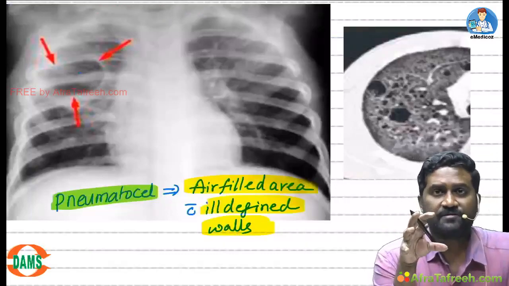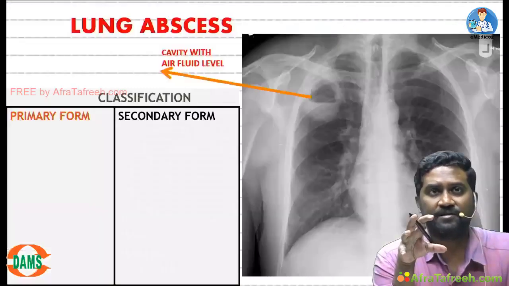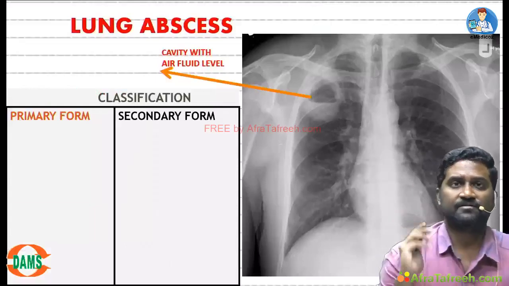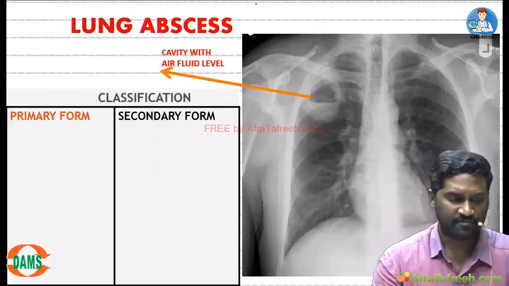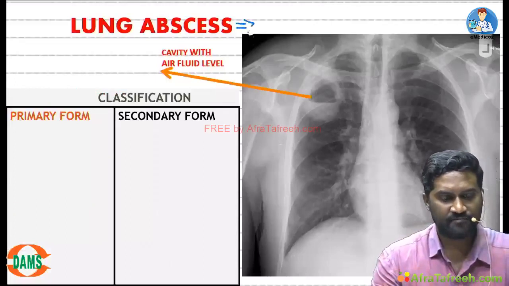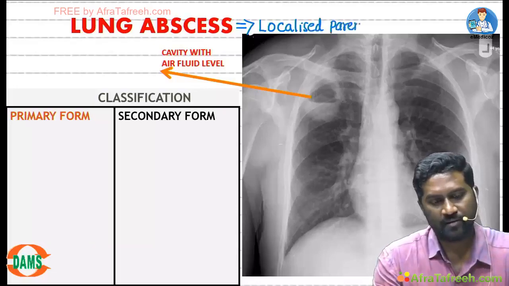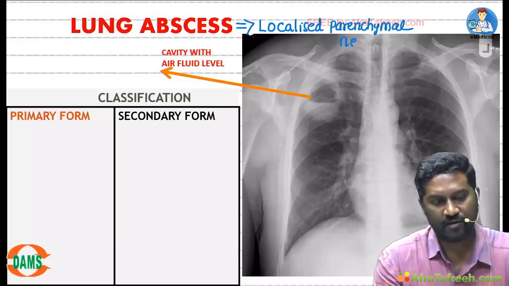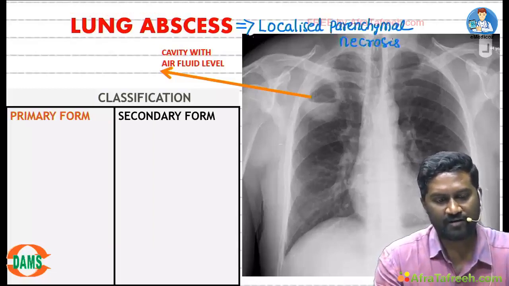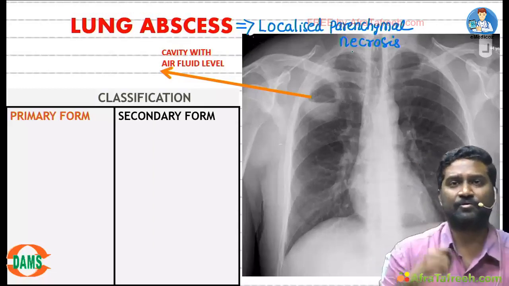Sometimes these cavities can be filled with fluid. What is that entity? Lung abscess. Lung abscess refers to localized parenchymal necrosis. A part of lung is getting necrosed and destroyed.